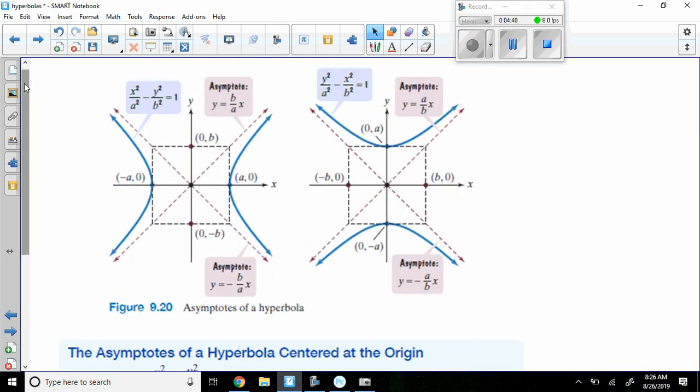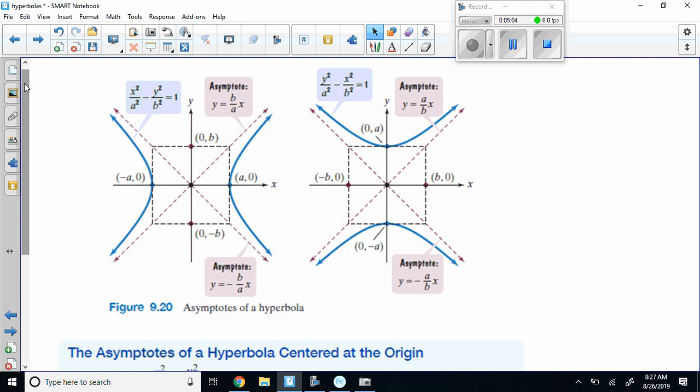You've got how they're going to change, right? So I'd make sure I made that little note on my formula sheet. If it's vertical, it'll be y equals plus or minus a over b. If it's horizontal, it'll be plus or minus b over a. This right here is horizontal.